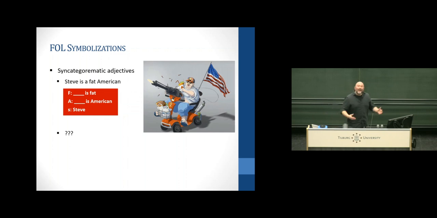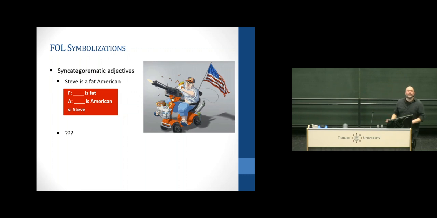Steve is fat and Steve is American. And then as soon as we get that paraphrase, the symbolization becomes clear. Again, do we see that initial move of starting with the English, and then we manipulate it in English into a form where its structure's clearer, and then it's really easy to symbolize.